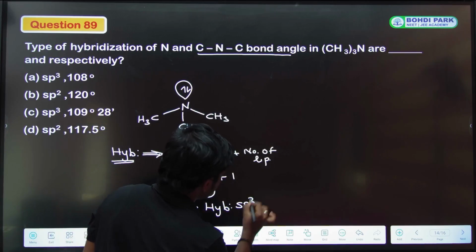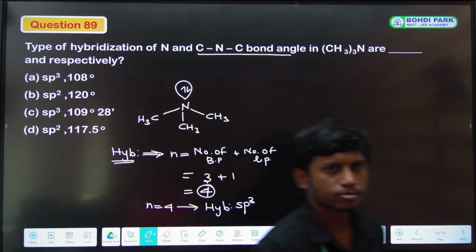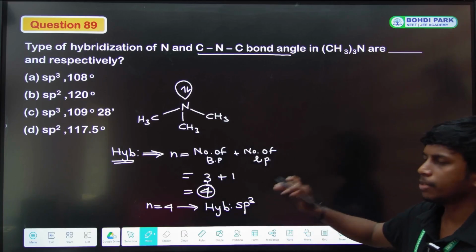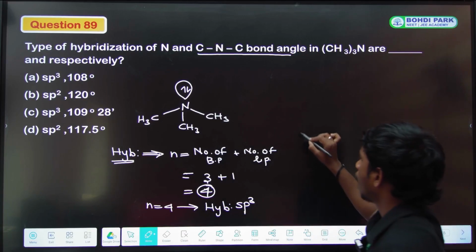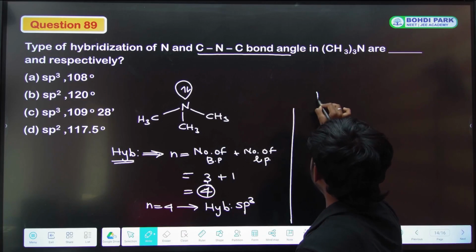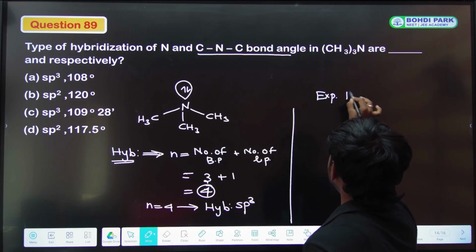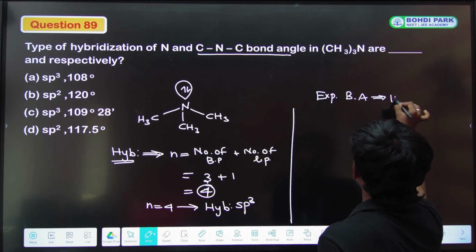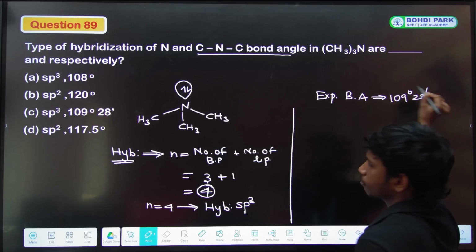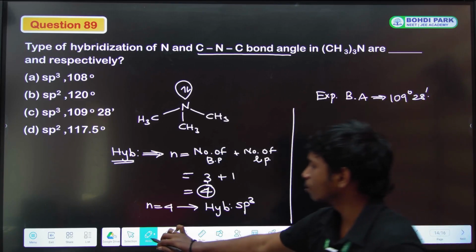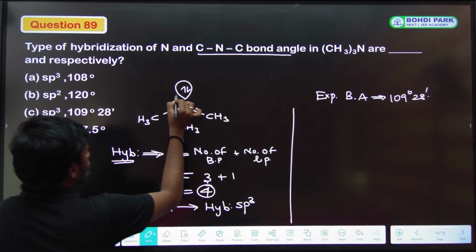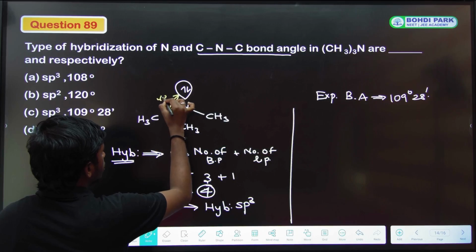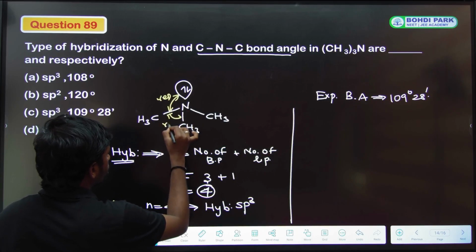So n value 4 ஆனதுனா the hybridization will be sp3 hybridization. Okay, sp3 hybridization அப்படின்னா அதோட bond angle எவ்வளவு இருக்கணும்? The expected bond angle is 109 degree 28 minutes. ஆனா இங்க ஒரு lone pair இருக்கு. The lone pair bond pair repulsion is maximum than bond pair bond pair repulsion.